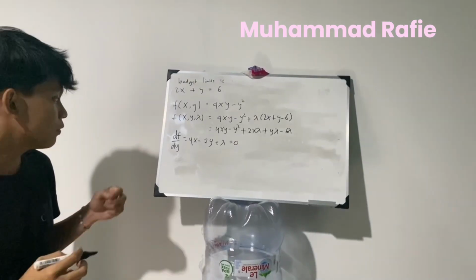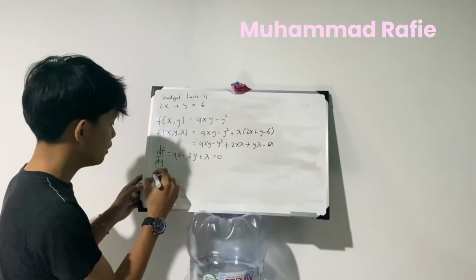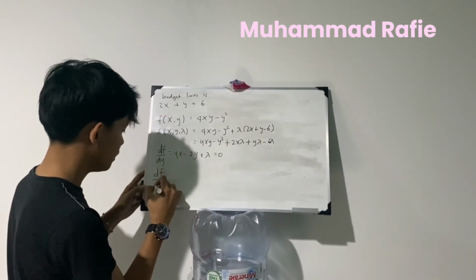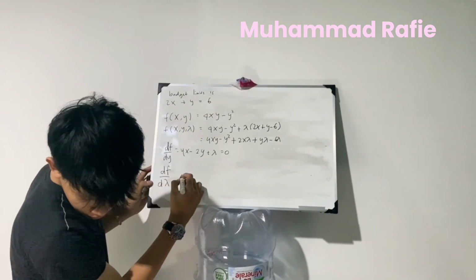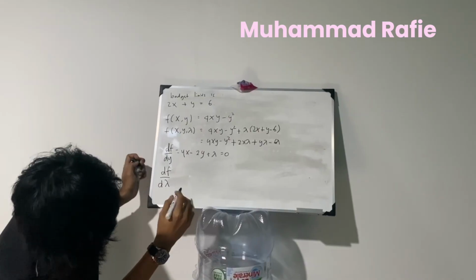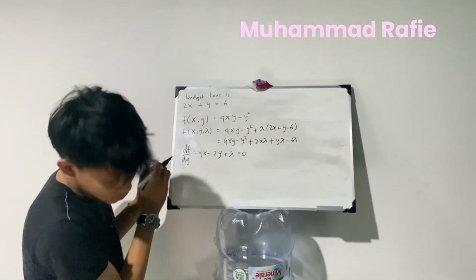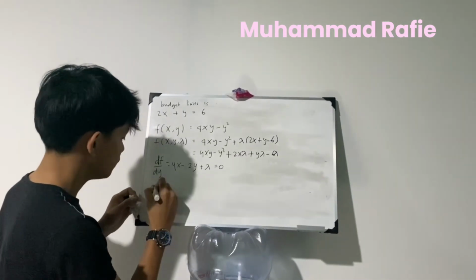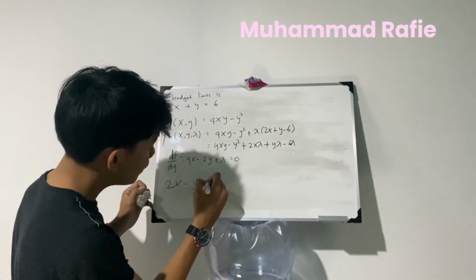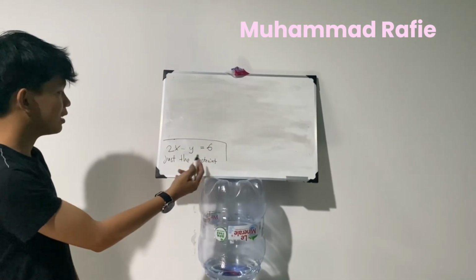Next we find the derivative with respect to lambda: df/d lambda equals 2x plus y minus 6, so 2x plus y equals 6. The derivative with respect to lambda is just the constraint.